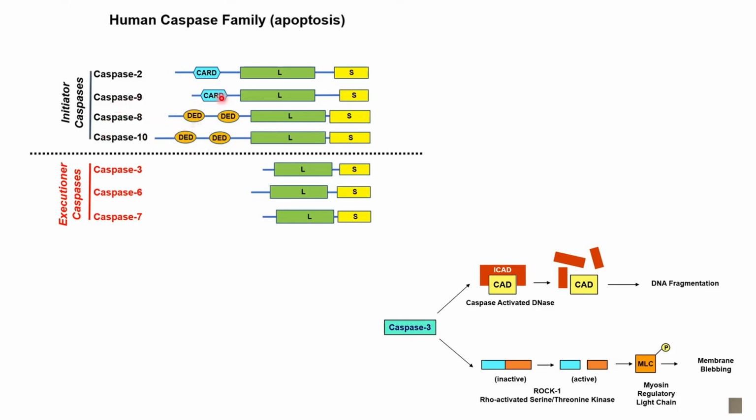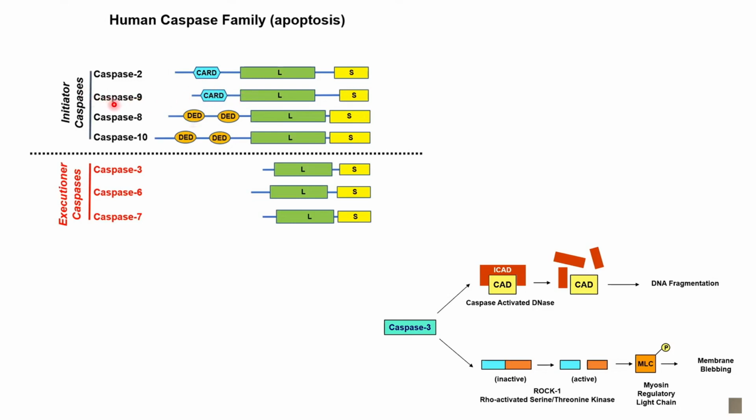And also in caspase 9, caspase 9 binds to APAF1, okay, during the intrinsic activation of apoptosis. It binds to APAF1. And in APAF1, there is a CARD domain which binds to the CARD domain of caspase 9 and further leads to its cleavage and activation.